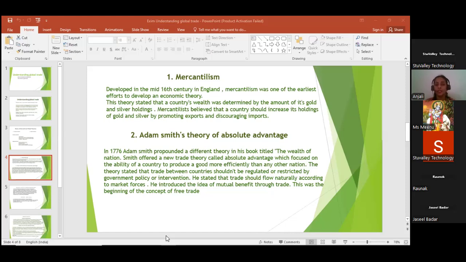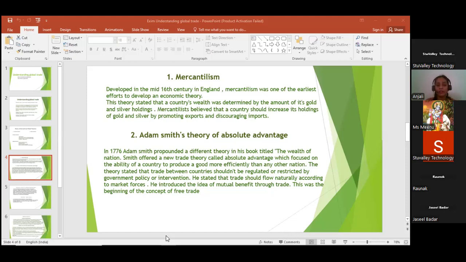So they took raw materials cheaply and exported the manufactured product at a higher price. This process was followed in the 16th century.